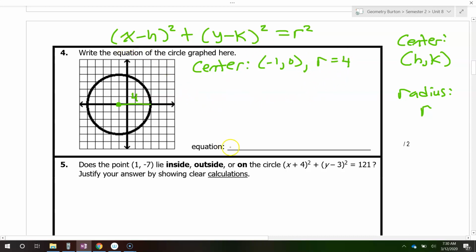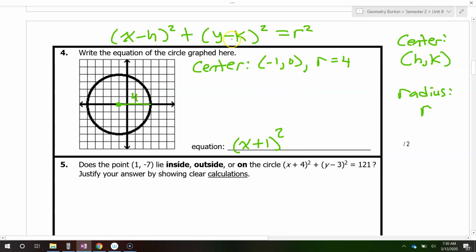So looking at my model, because of the -1, I'm going to have x plus 1. I think of it as just doing the opposite of whatever this is. If I see -1, I put +1. It works out though because minus -1, minus a negative, is a positive.